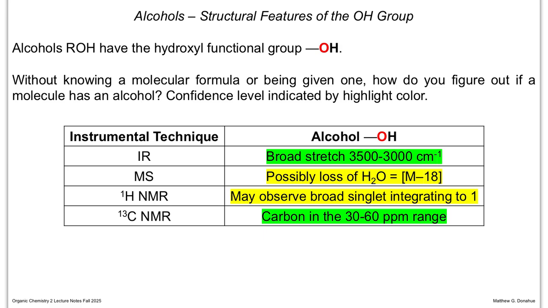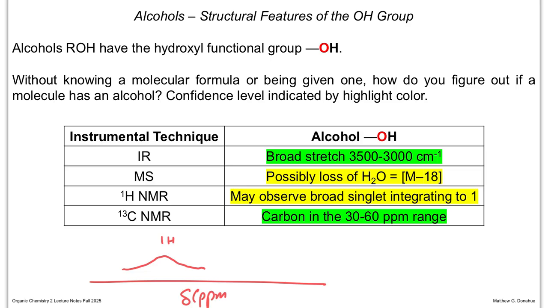Proton NMR, for the H, you may or may not see a signal. And what I mean by broad is something that spans a large number of ppm, say half a ppm broad, because your normal proton signals are pretty sharp, right?